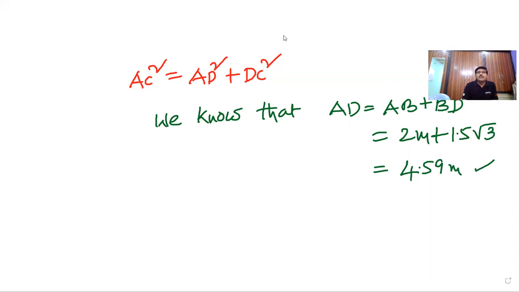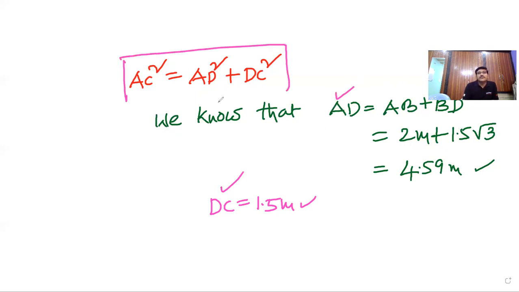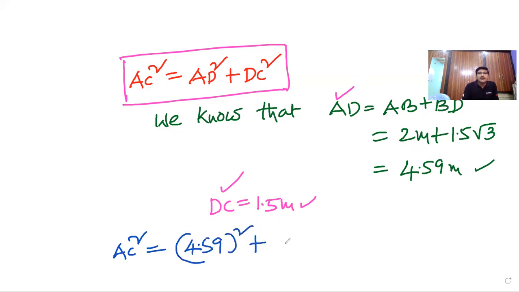DC already we know. DC is how much? DC is 1.5, that is the opposite side. Substitute the values, AD value, DC value, in this basic equation. Then AC square is 4.59 whole square plus DC 1.5 whole square.